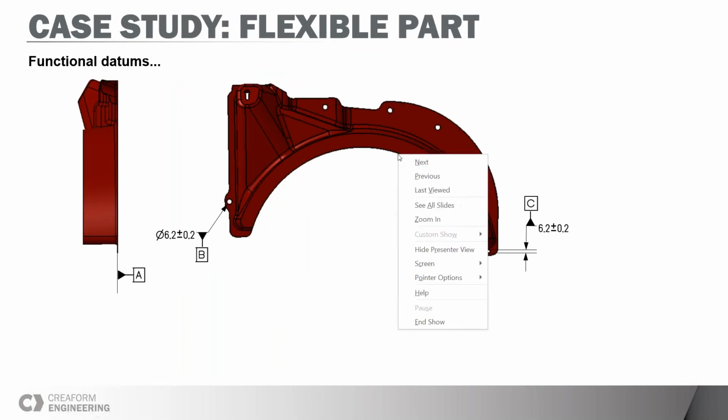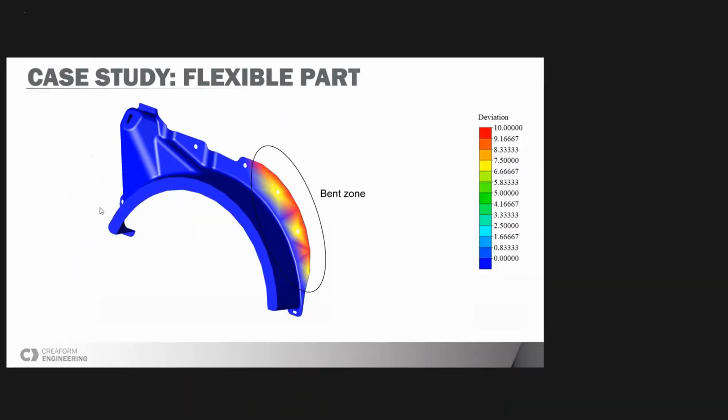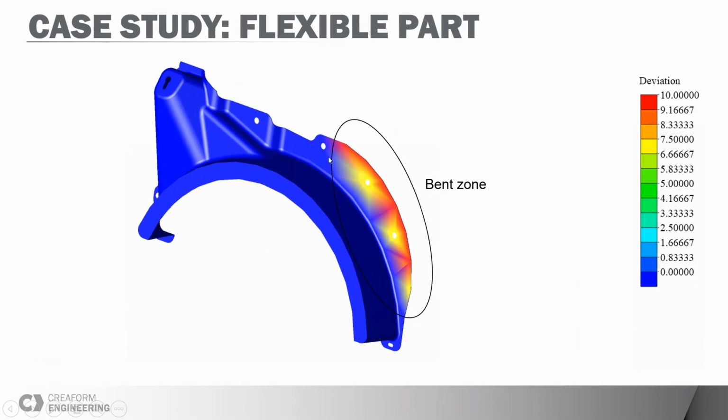If we look at how the part is made, there's really one area that is more flexible than the rest. So what we did here is we defined the true datums on areas where they were more rigid, here and the connection at the back.